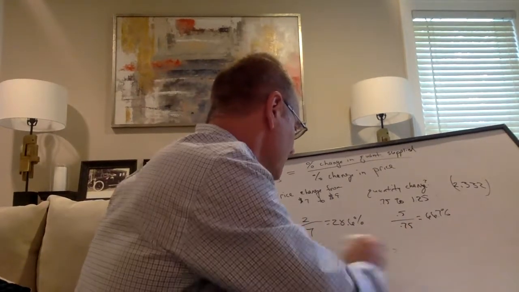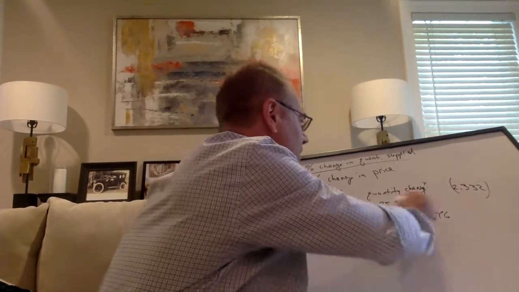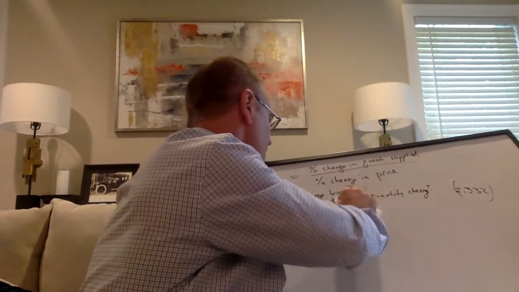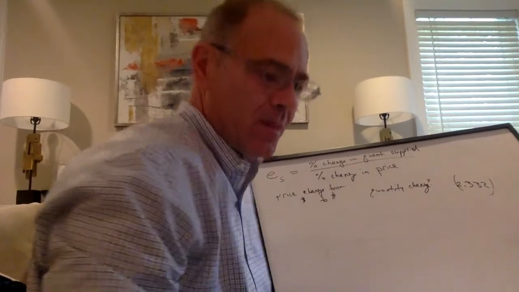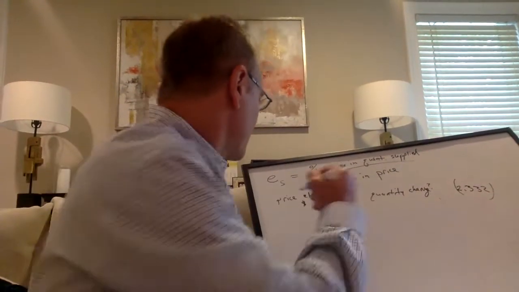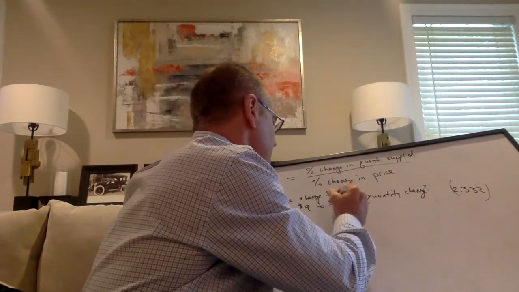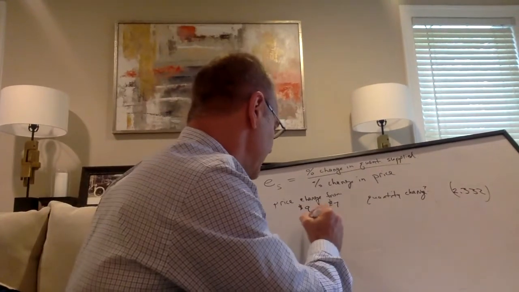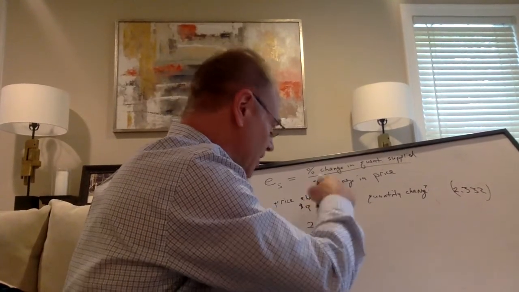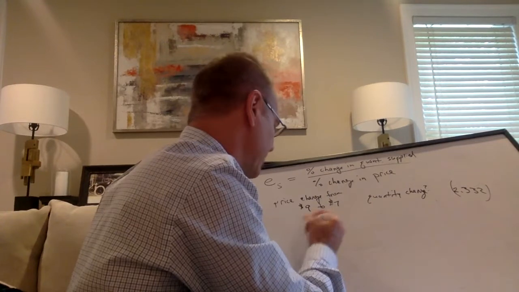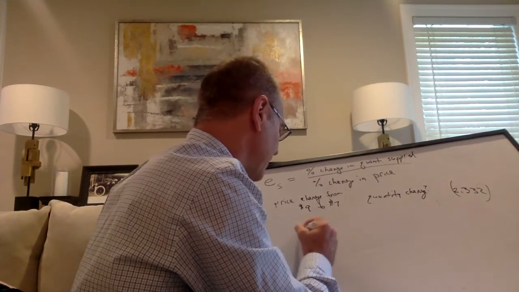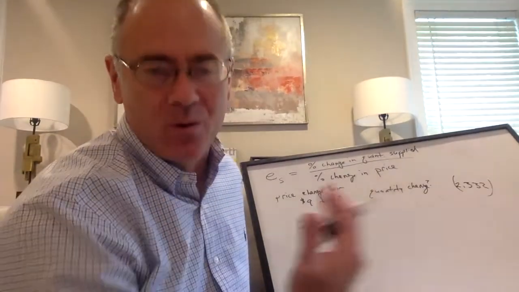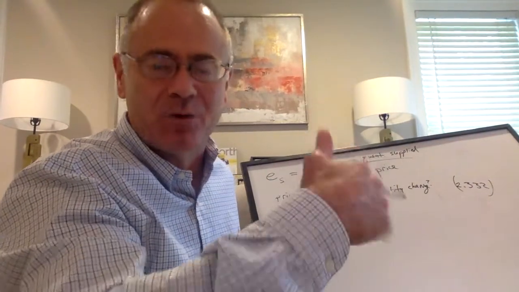So now let's do from 9 to 7. The price change is 2. We changed $2. It's actually a decrease, so if you like, call it -2. But now our base is 9. Before, we started from 7, so our base price was 7.